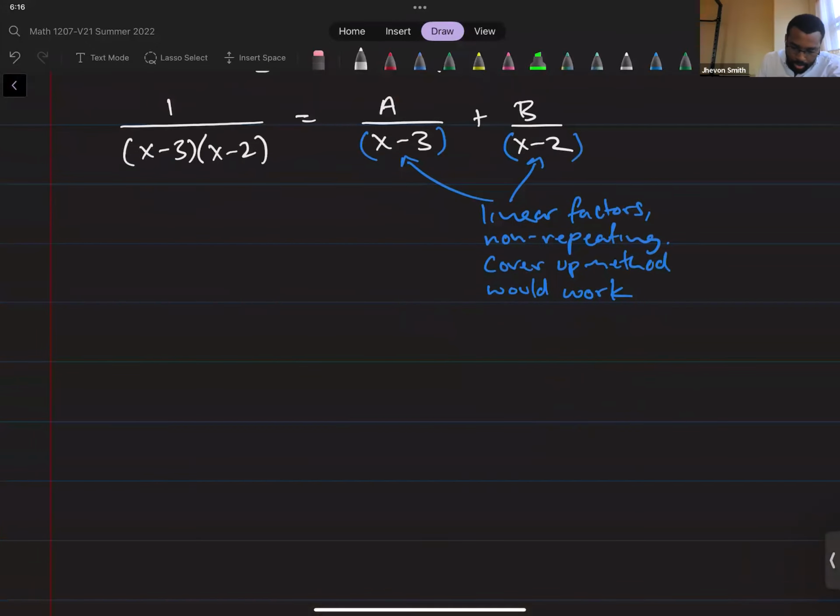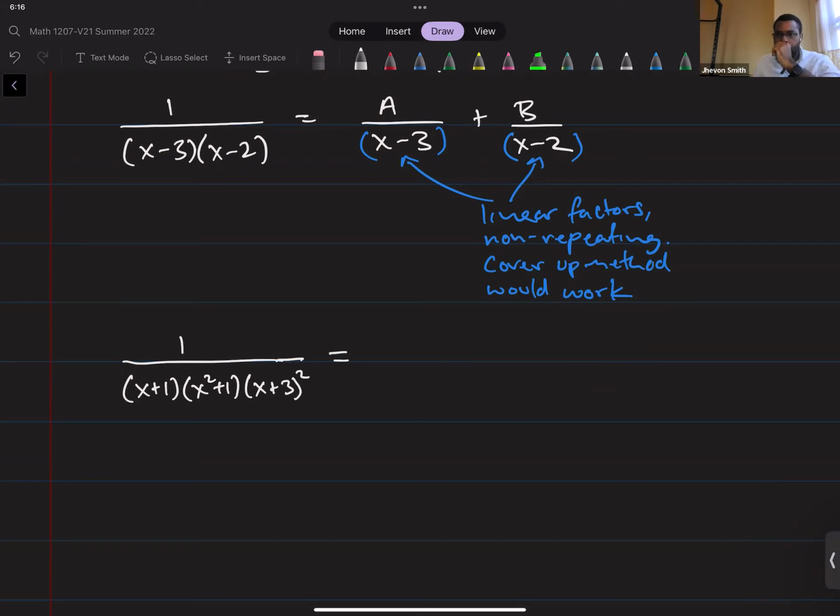Similarly, if you have something like x plus 1, x squared plus 1, x plus 3 squared.